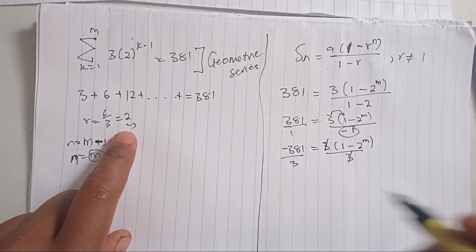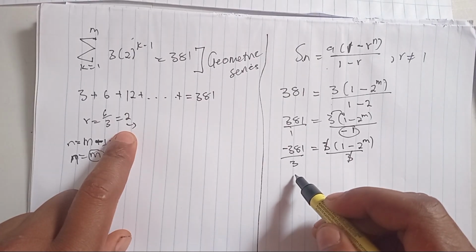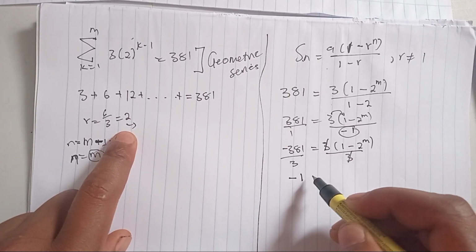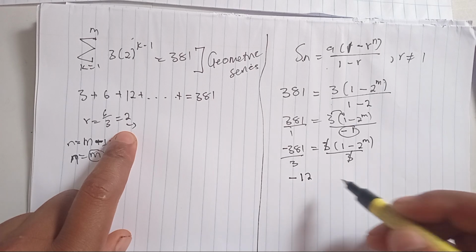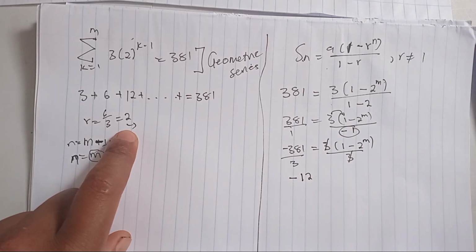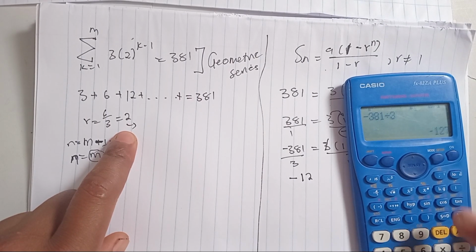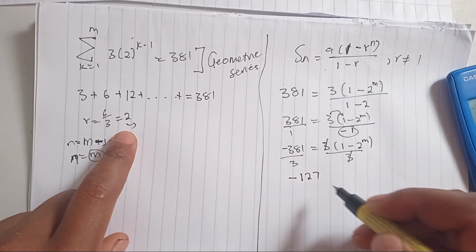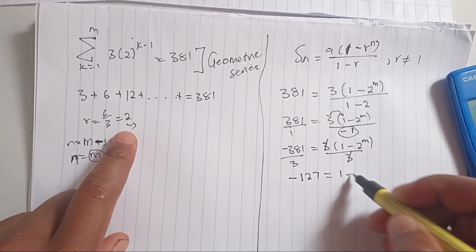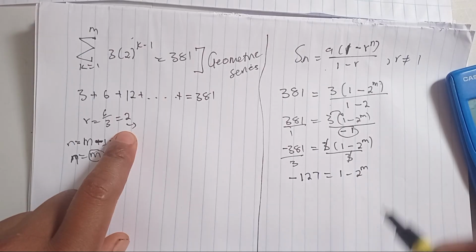This one eliminates this one, and then in this case you're going to have minus 381 divided by 3, which is minus 127, which is equal to 1 minus 2 exponent M.